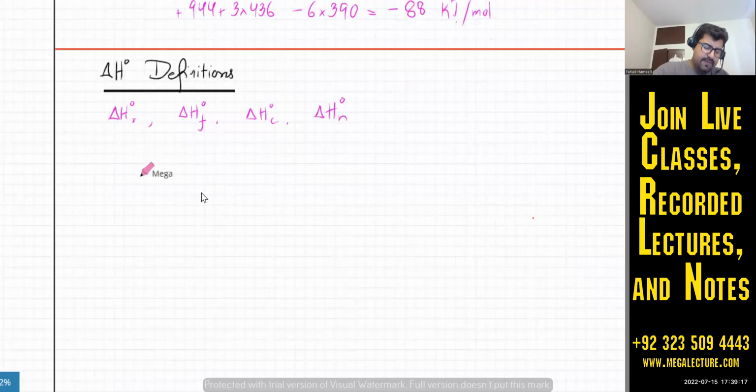So these labels would be frequently used, and these labels have a certain definition. I'm going to start off with delta HR, and that's known as the standard enthalpy change of reaction.